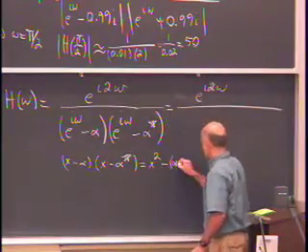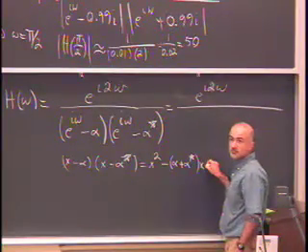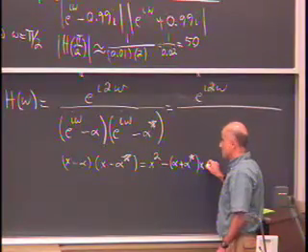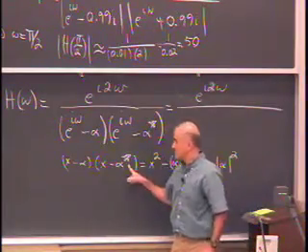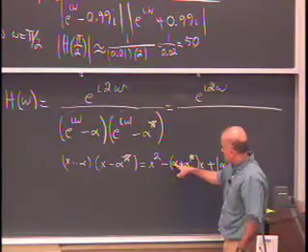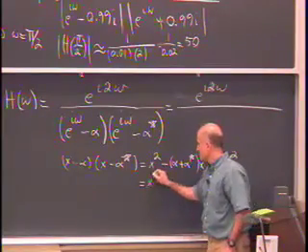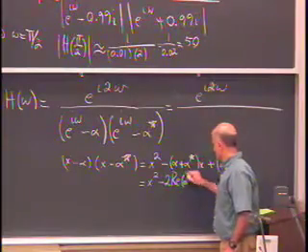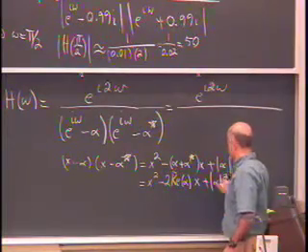So it's minus alpha plus alpha star times x. And what's the last term? Alpha times alpha star is magnitude alpha squared. Minus times minus is plus. So what do you get when you add alpha and its conjugate? Minus 2 times the real part of alpha x plus magnitude alpha squared.